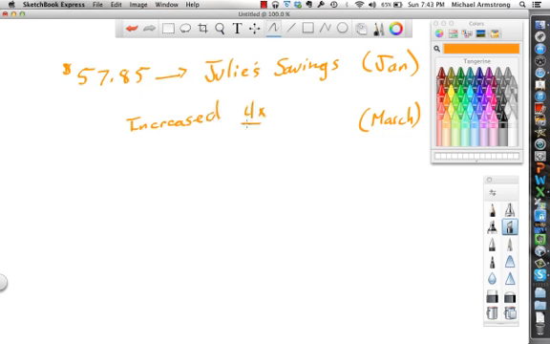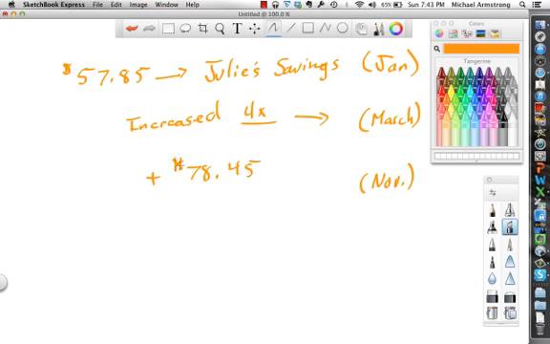So 4 times as much by March. And between March and November, Julie deposits a total of $78.45. So by November, she adds another $78.45.